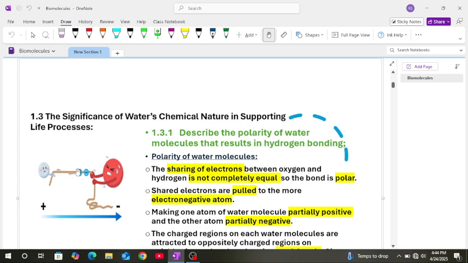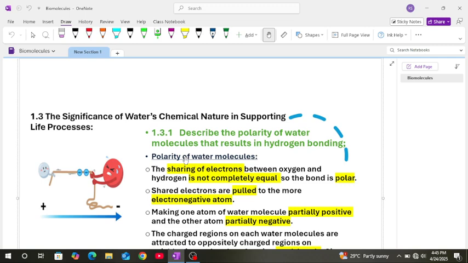Because of this force, the charges develop. This red sketch is showing the function of oxygen in the water molecule, and it exhibits negative charge, and hydrogen exhibits positive charge. So the definition of polarity is the sharing of electrons between oxygen and hydrogen, and it is not completely equal sharing.